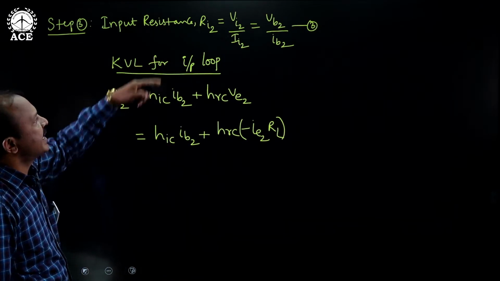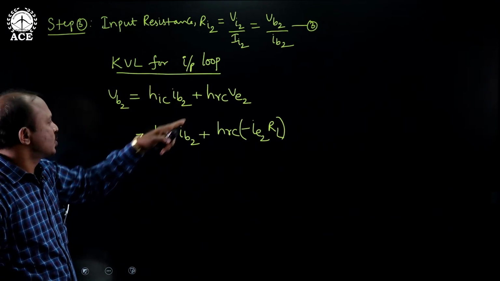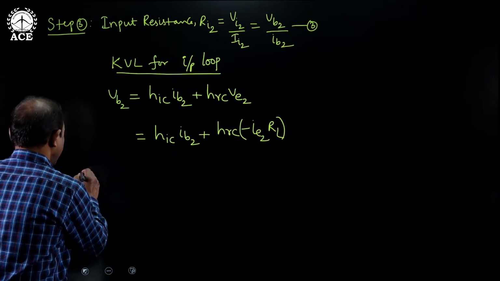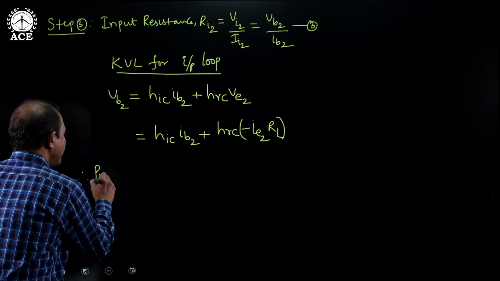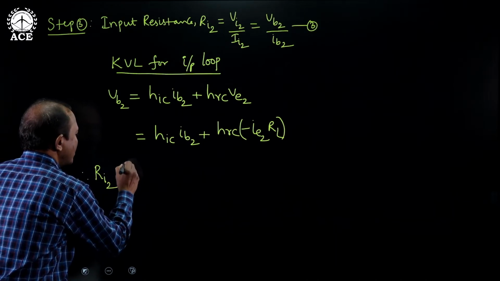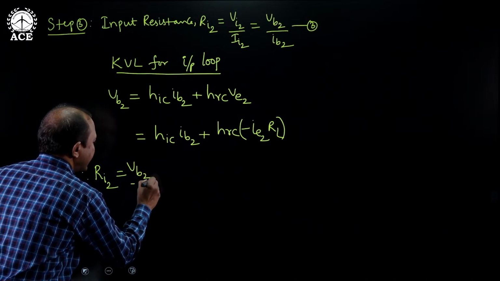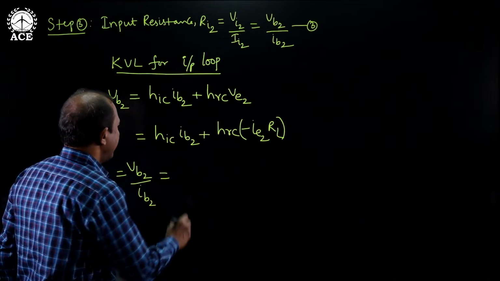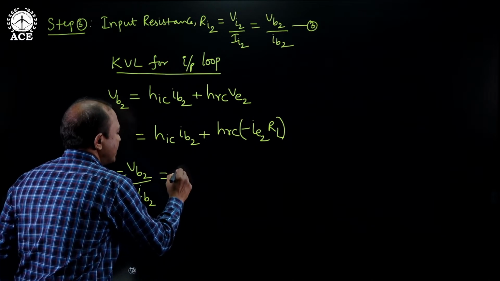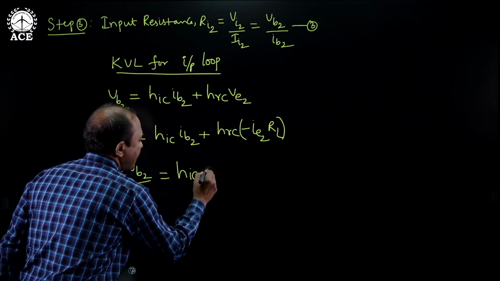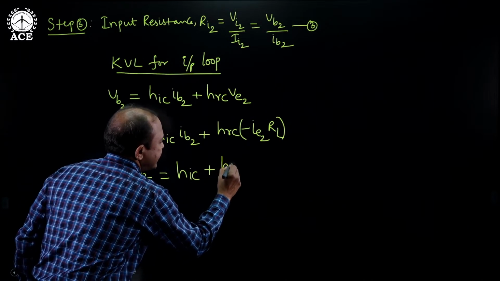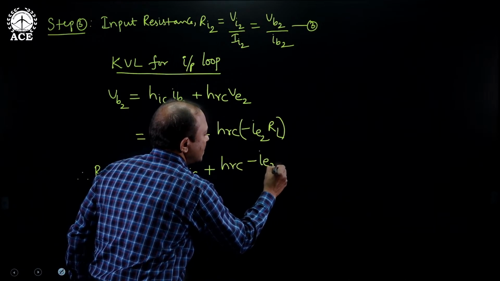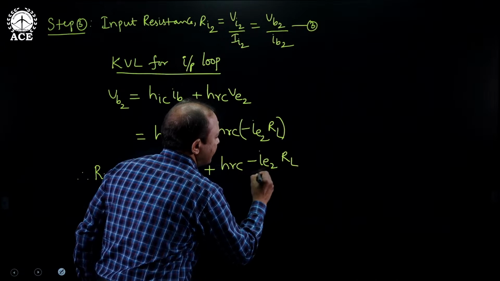Now, what is RI2? RI2 is VB2 by IB2. So, I will divide the total equation with IB2. Therefore, RI2, which is equal to VB2 by IB2, equals, when I divide the first term with IB2, HIC only, plus HRC into minus IE2 into RL by IB2.